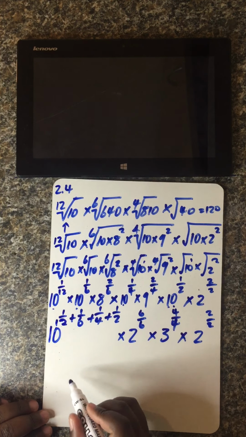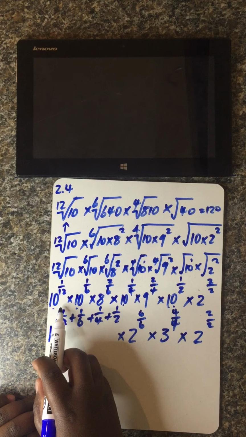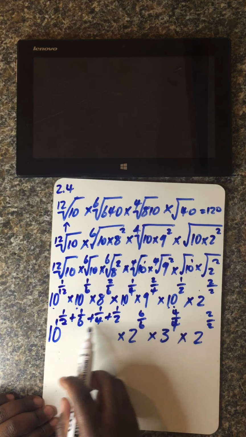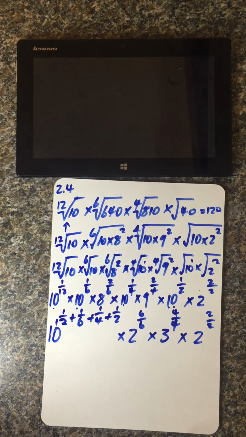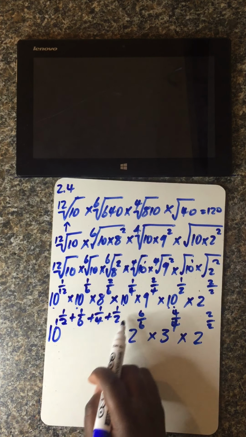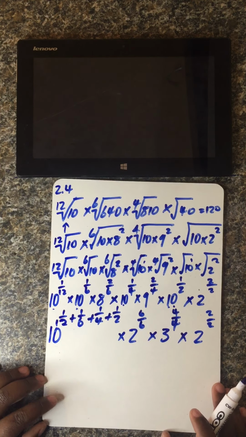Okay, so now on your next step, ladies and gentlemen, you just need to work out all of this without having to use a calculator. I won't teach you this thing. Why? Because I'm sure even grade 2 learners know how to work out this thing. That's where you must use the rules regarding fractions.